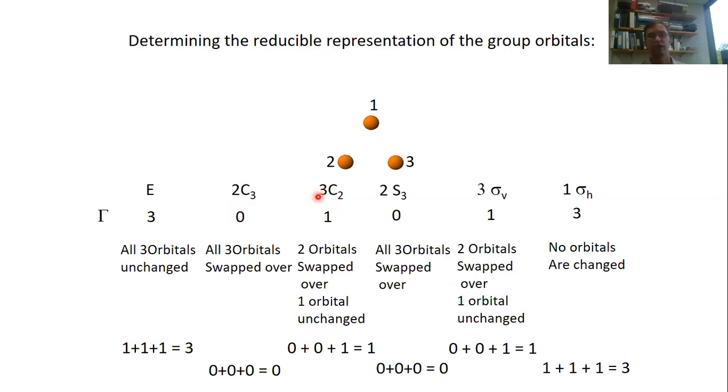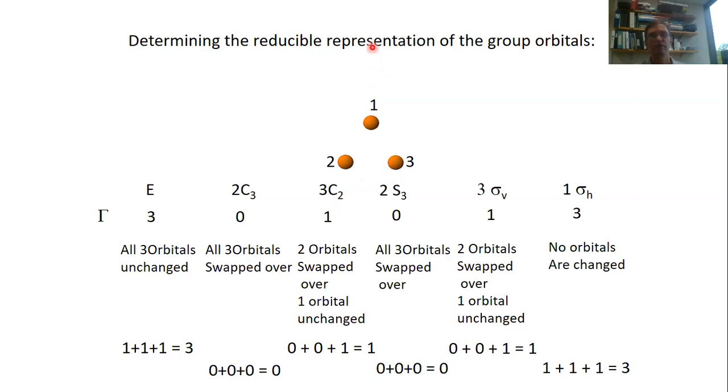All right, then we have the C2 axes. We have three of them: one going through this BH bond, the second one going through that BH bond, and the third one going through that BH bond. As we carry out the symmetry operations, we always swap two of the three orbitals.